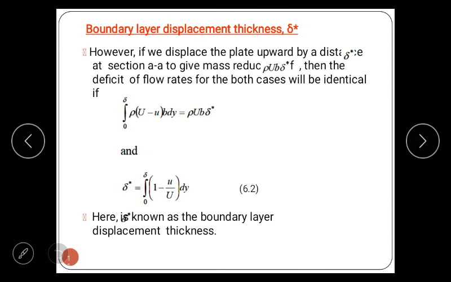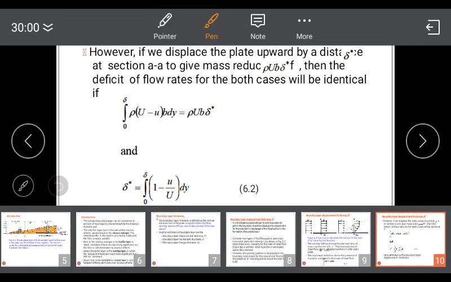For that, the formula is delta star equal to the integration of 1 minus u upon capital U in dy. Now dy is the distance along the y axis. We have already seen the diagram, or we can again see that.